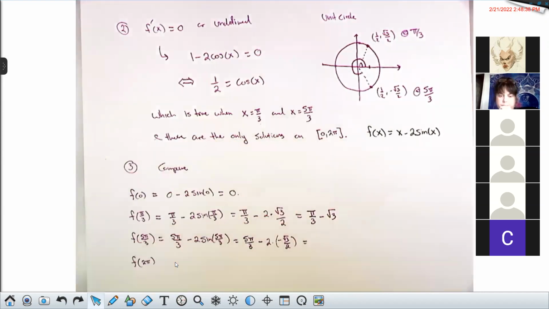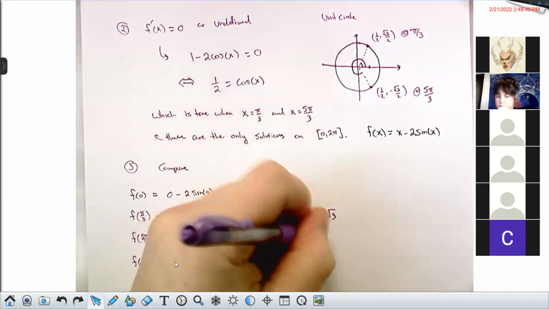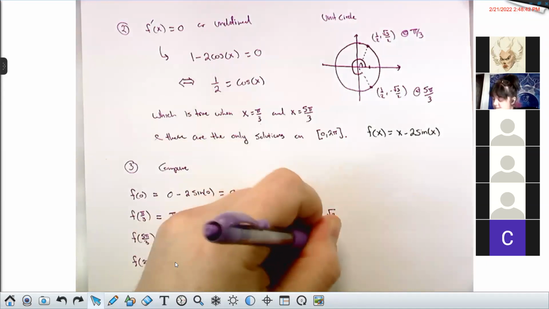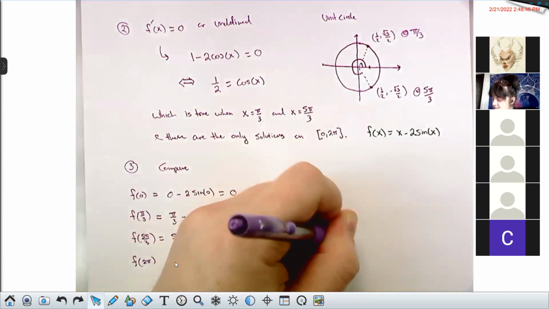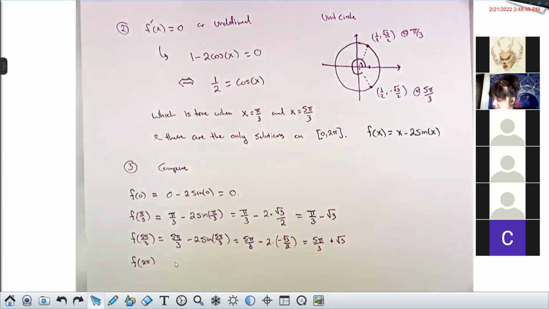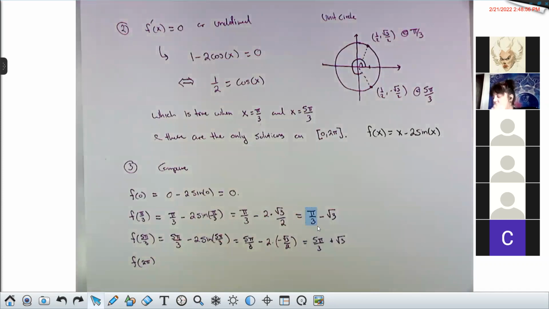This time the minus and the negative make a plus. So this is 5 pi over 3 plus root 3. And if I only had to compare these two numbers, I could really easily say which one is larger, right? 5 pi over 3 is 5 times bigger than pi over 3. And then I'm adding something to it rather than subtracting. So just between these two, the bottom one is certainly larger, even without any calculator work.